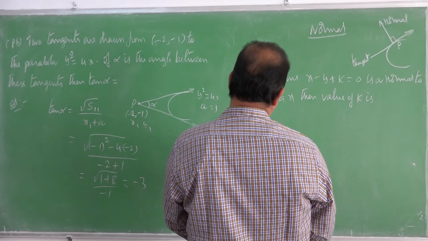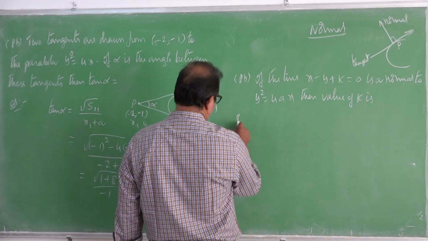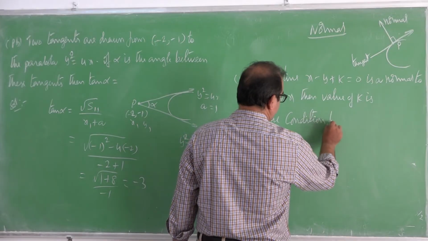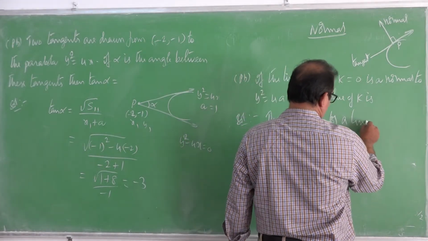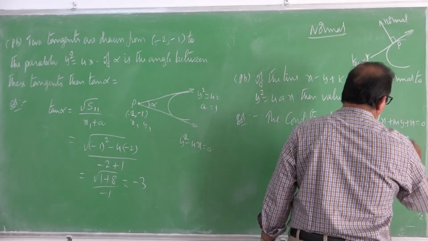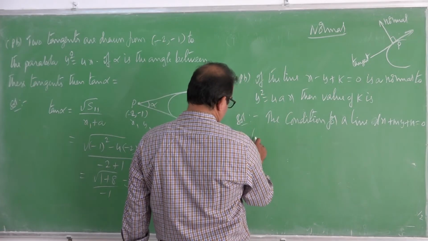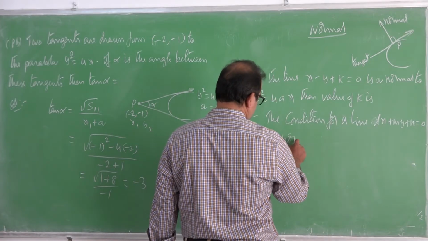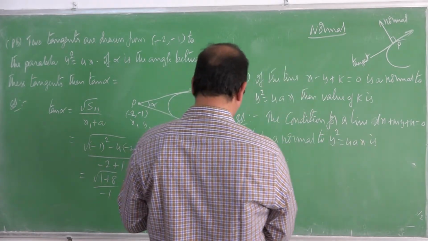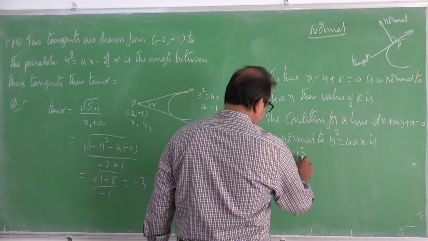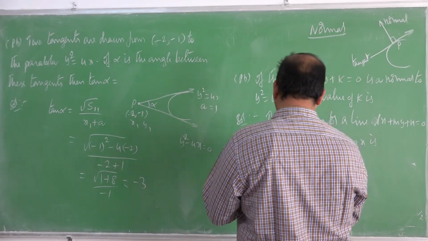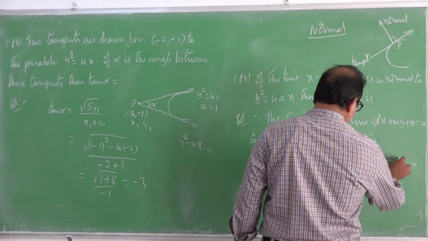okay. Write one formula here. The condition for a line lx plus my plus n is equal to 0 to be a normal to the parabola y square is equal to 4ax is a into l cube plus 2a into l m square plus m square n is equal to 0.